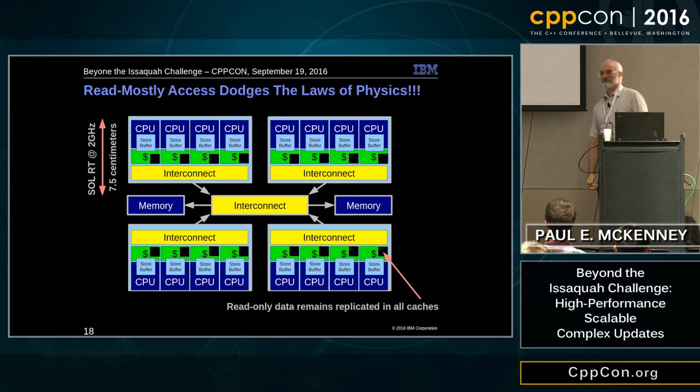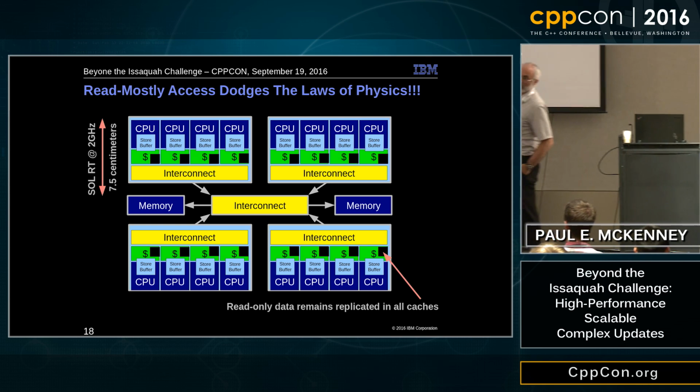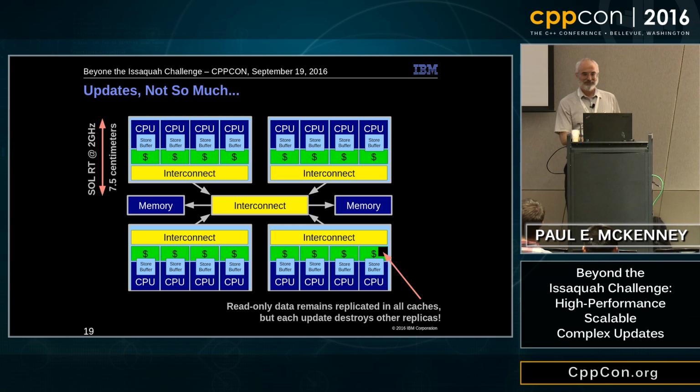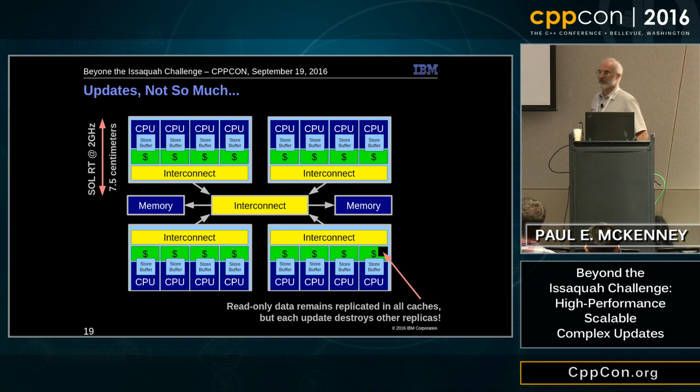Unfortunately, sooner or later, if you want your computation doing something interesting, you're going to have to update something. I mean, you might be able to prove me wrong on that, but every time I've come across something, sooner or later, you have to update something. And you know, we got these little values replicated out, those little black squares, that same value replicated out everywhere. As soon as you update that value, sorry, poof, all gone.